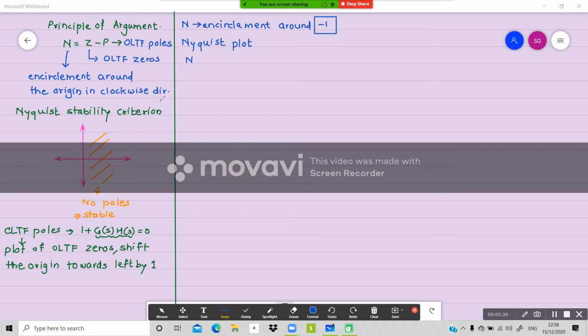One more thing we had seen is that this Z are OLTF zeros, which means they are CLTF poles. So I'll make that change over here. The Z which you are saying, actually on the plot they will be OLTF zeros. That means these are actually CLTF poles.